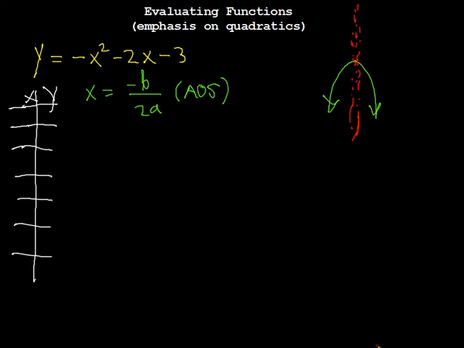We want to find that line. If you'll recall, when we have a quadratic function in standard form, the number in front of the x squared we call a, the number in front of the x we call b, and the number that's all by itself we call c.